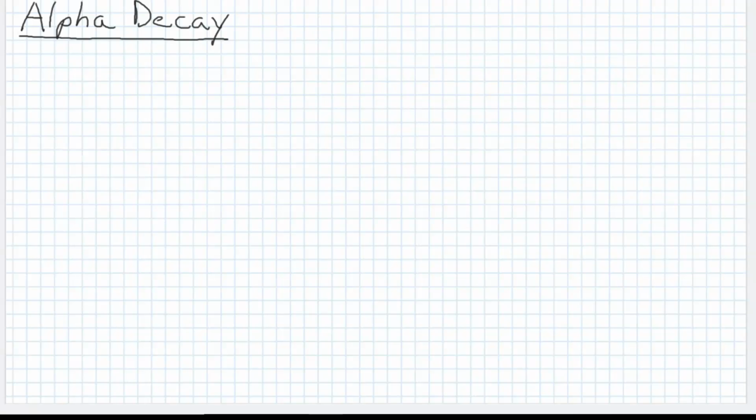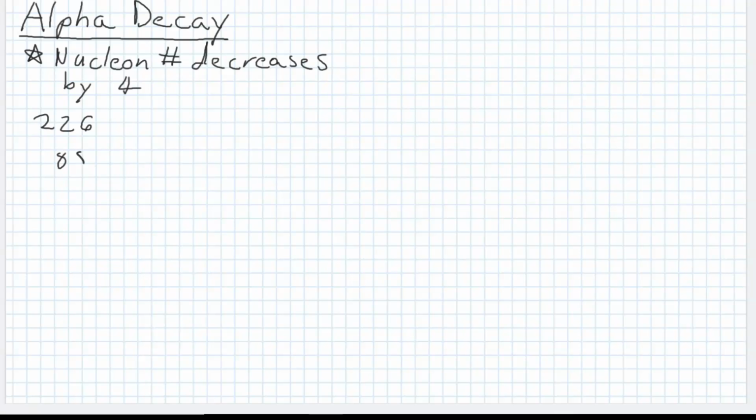So alpha decay is what you do when your nucleus is just too big and you need to get rid of some nucleons to become more stable. Alpha decay decreases the nucleon number of your starting nucleus by 4, so you'll lose 4 nucleons total. For example, if I were to take radium-226 and emit an alpha particle, which has 4 nucleons, 2 of which are protons, 4 and 2, this is my alpha particle.